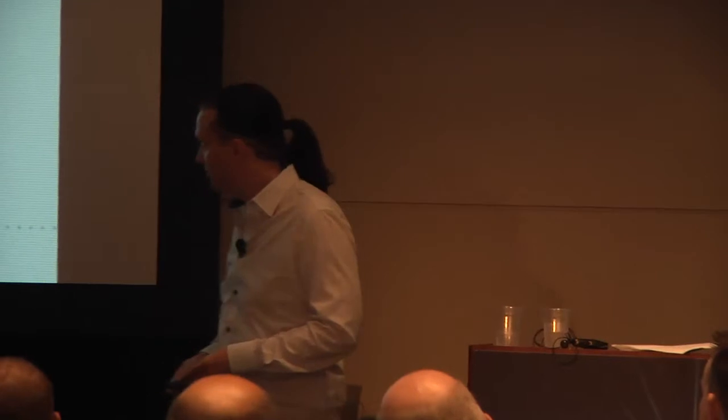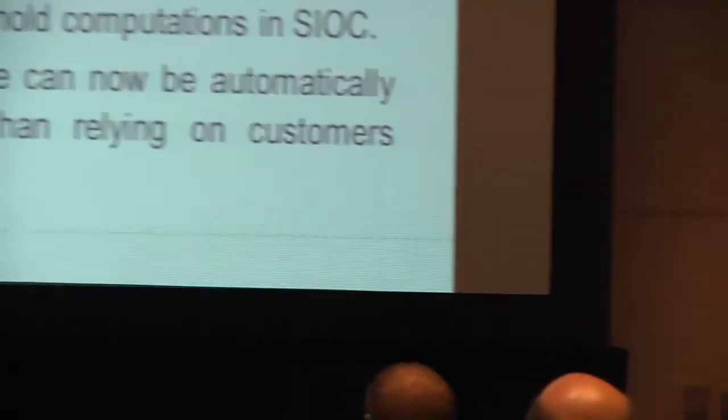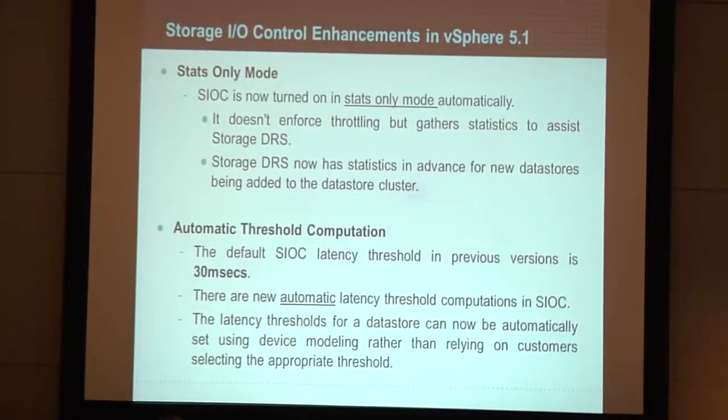Be careful you don't set it too low, though, because then you have the problem with the burst capacity. Storage I/O control used to be just turned on when you said so.